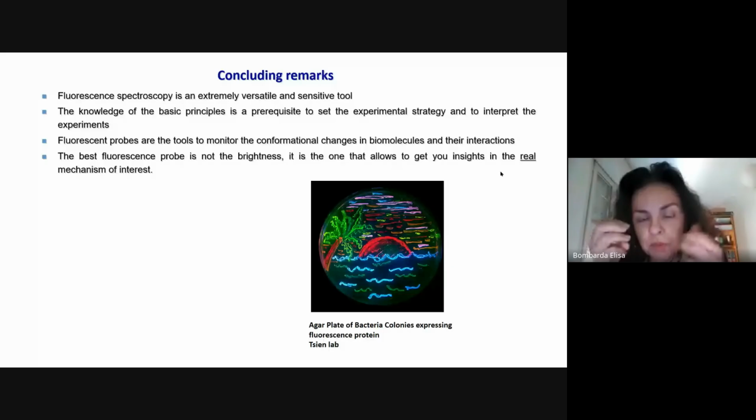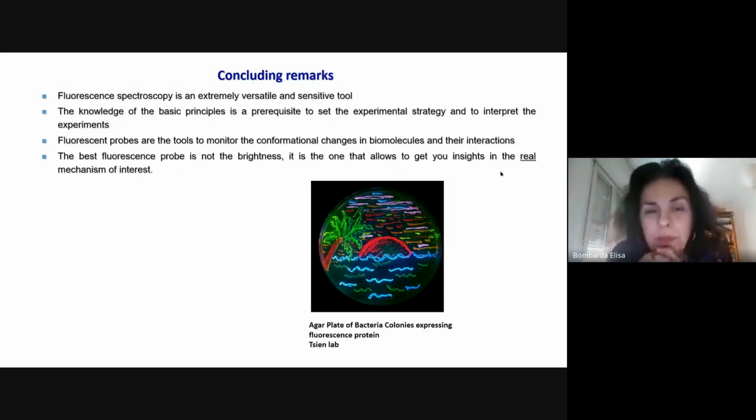If not, the information is not on the real system, but on something else. So that is important to keep in mind to make a good choice, and in case to design better probes in the future, to open the options of investigation that can be done.